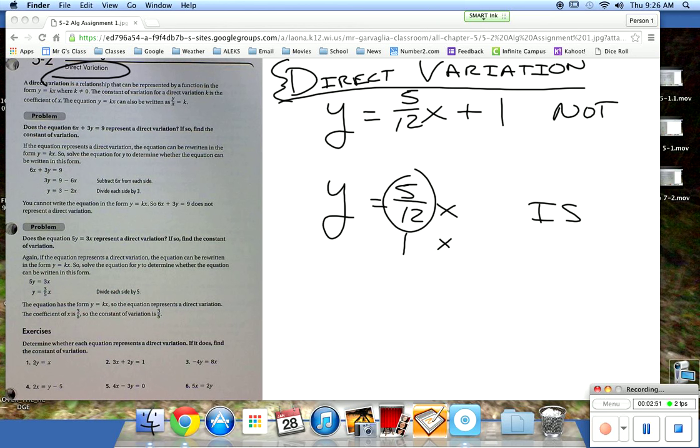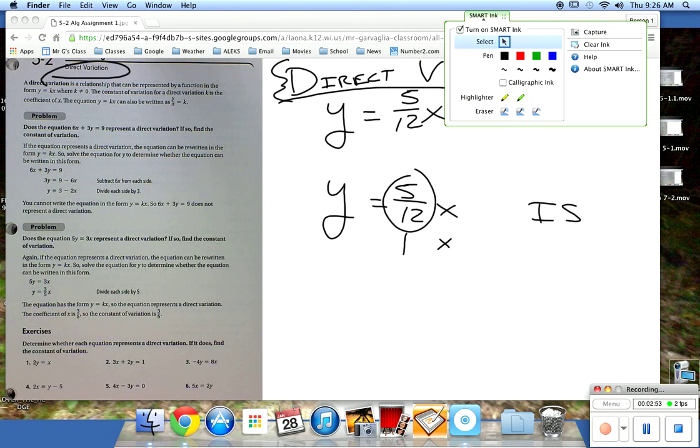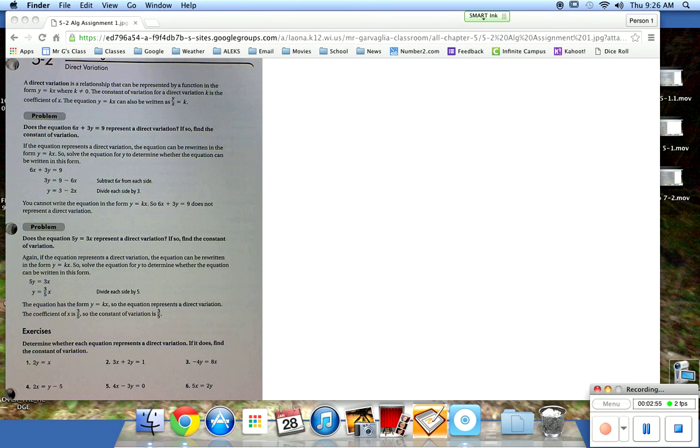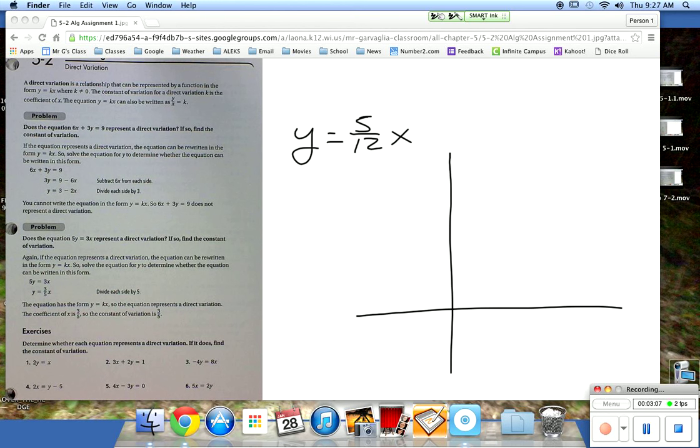The way that works, if we're going to graph it, not saying we're going to have to graph this in here, but if I was going to graph y equals 5/12 x, every direct variation has to start out at the origin, 0, 0, right here.